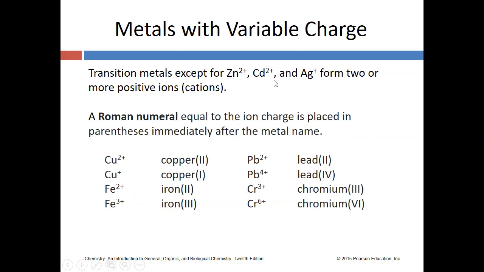Okay, so now we're going to introduce a couple of concepts that are going to be, let's say, different. This has to do with the metal part, the first part of the name.